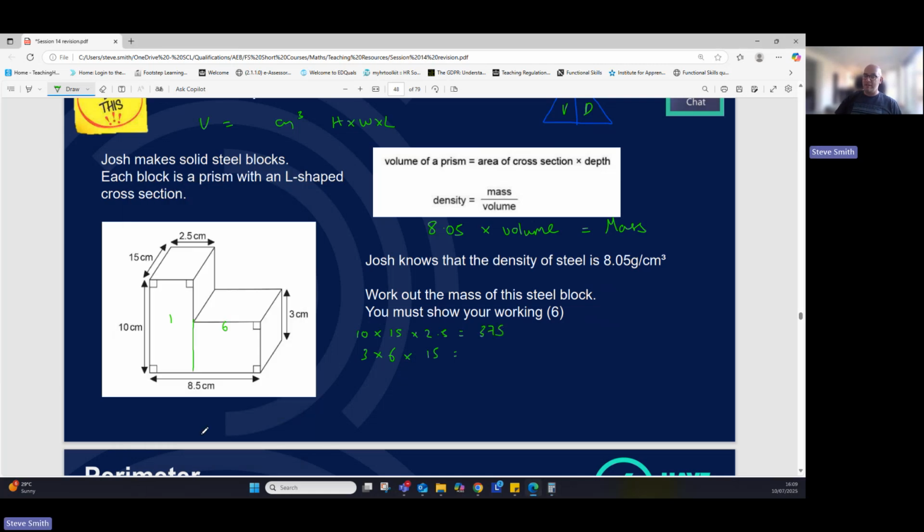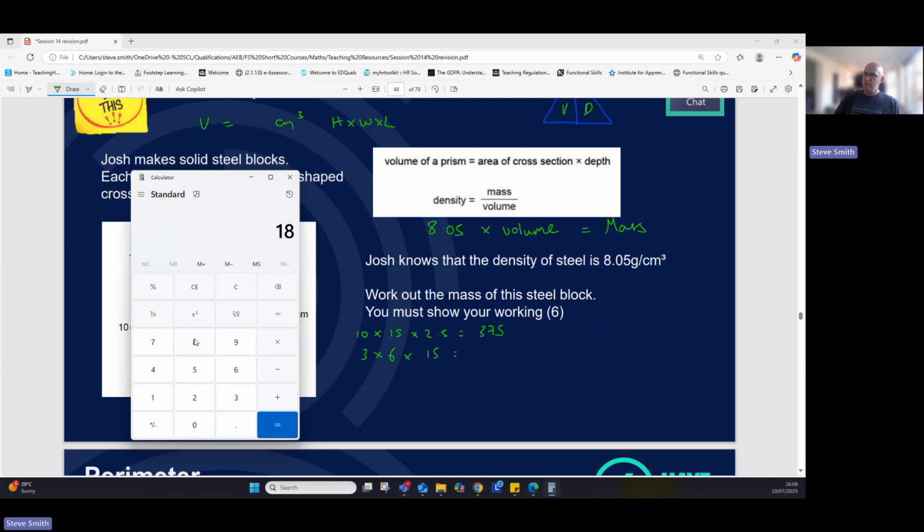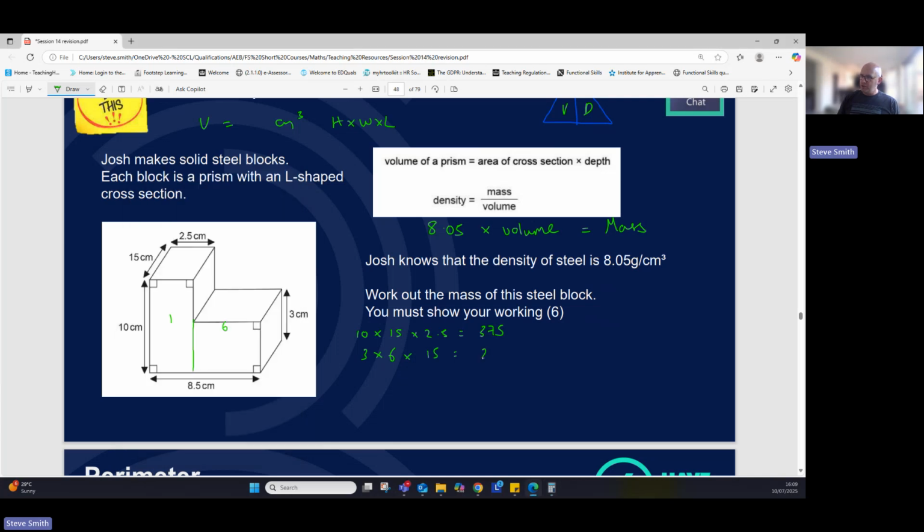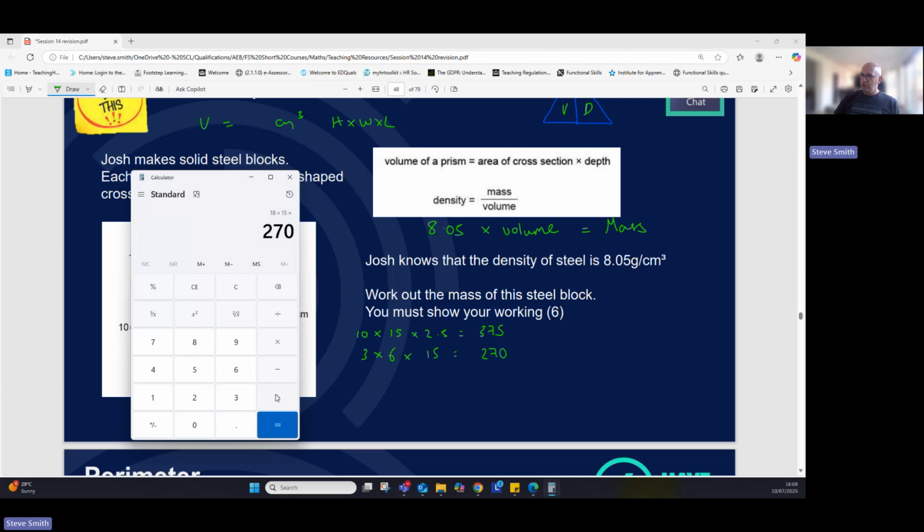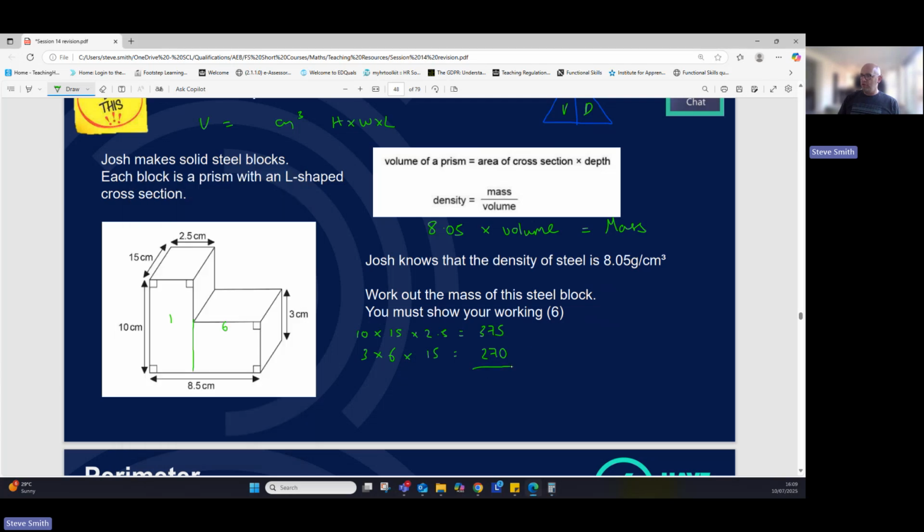Second one, 3 times 6 is 18. 18 times 15 equals 270. Add those two numbers together: 270 add 375 gives 645. That's centimeters cubed.